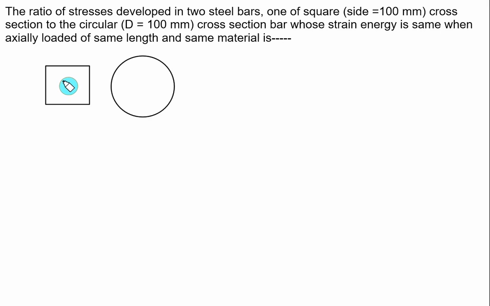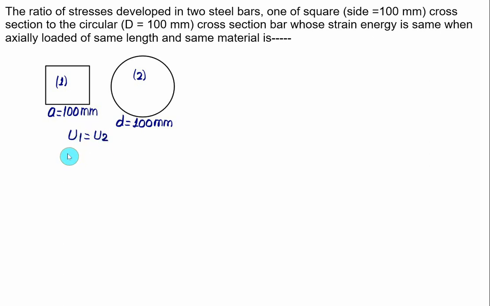So we have a square bar here labeled as 1, and the side of the square bar A is equal to 100 mm. Second, we have a circular cross section having diameter D again equal to 100 mm. And it is given that the strain energy U1 is equal to strain energy U2.